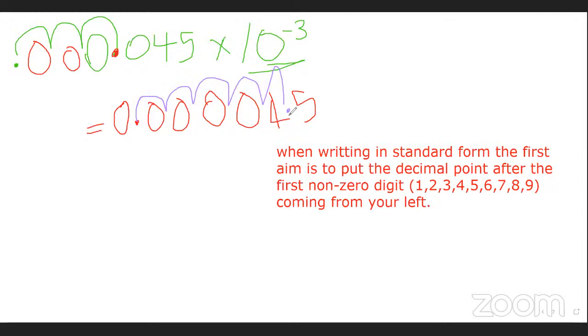Good? The next thing that you're going to do is write down the 4 point, and any digit that comes after. The only digit that comes after is the 5. However, if you had some zeros falling after, you don't need to write them down. But if you had 7, 8, you would write down the 7 and the 8.